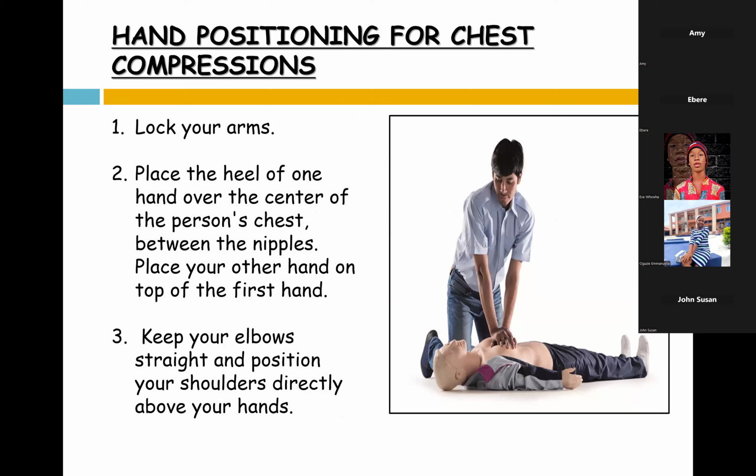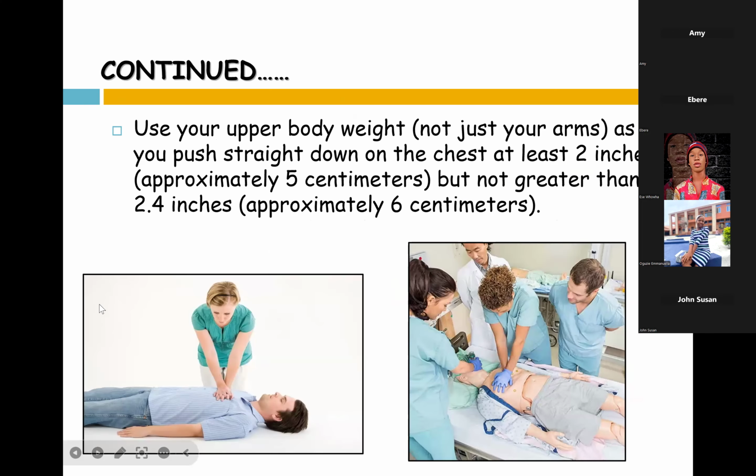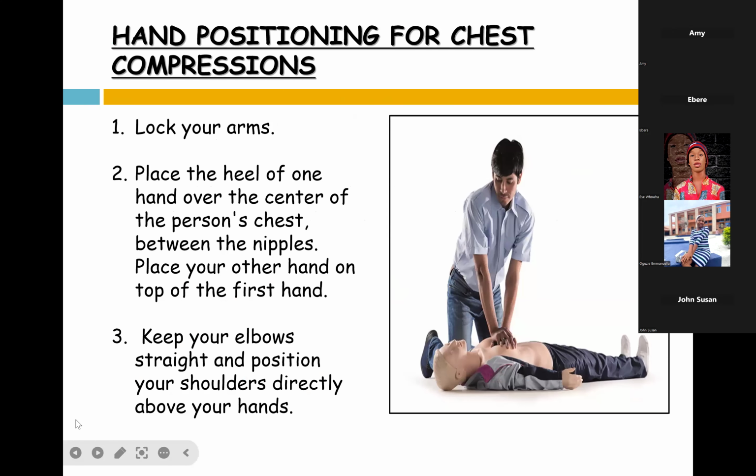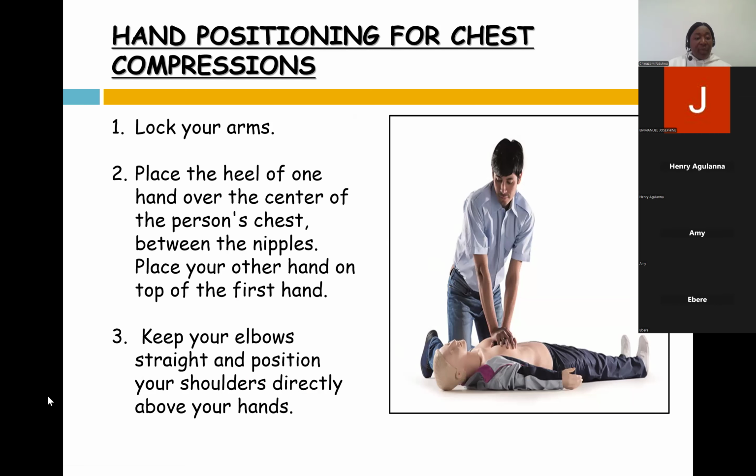So, hand position for the chest compression. You also don't just put your hand anyhow. First of all, you lock your arms like this. Lock them one on top of the other.